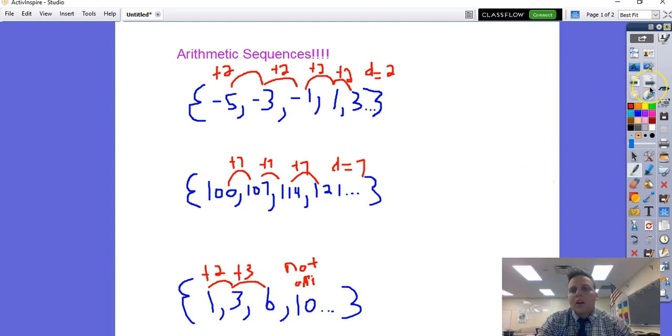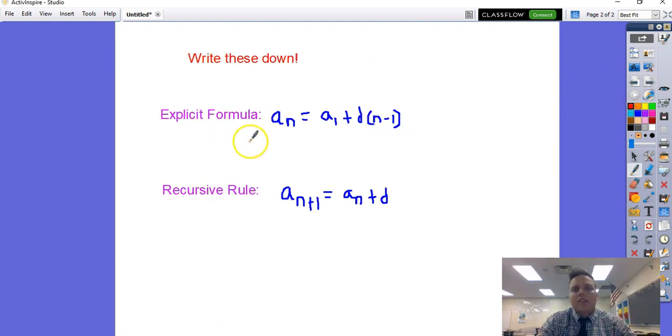Okay? Alright. So there are two different ways we write arithmetic sequences: an explicit formula and a recursive rule. Go ahead and pause this video and write these down. Both of these ways of writing arithmetic sequences allow us to find future terms or even past terms, but they do it in different ways. The explicit formula requires that I know the very first term of my sequence, and the common difference as well.